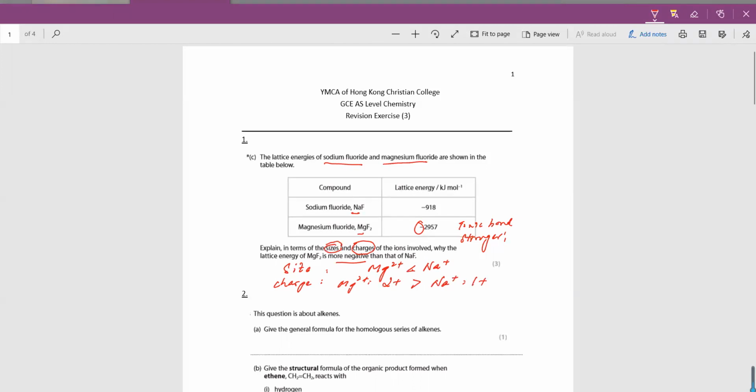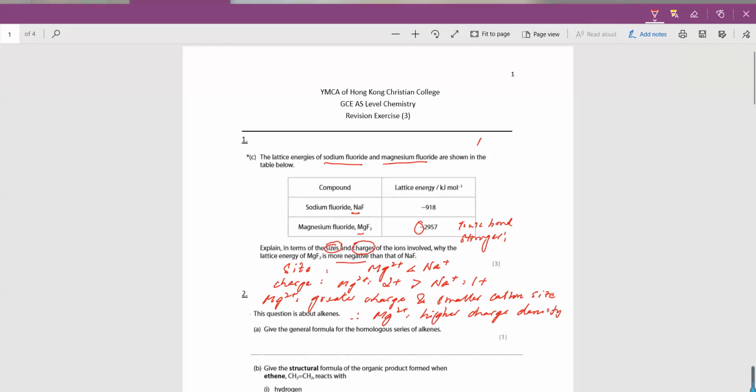So if the cation has a greater charge and a smaller size, Mg2+ has greater charge and smaller cationic size, this will result in higher charge density.